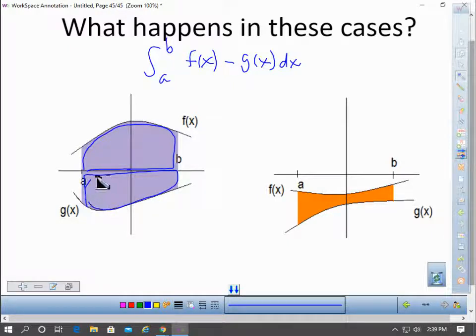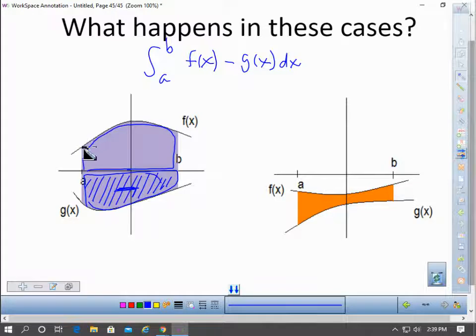And if you remember, anytime you have area below the x-axis, that area is going to be negative, right? Well, in that case, you're going to be doing area minus a negative expression, a negative answer. So you're going to end up adding.